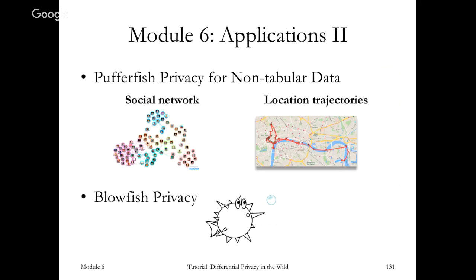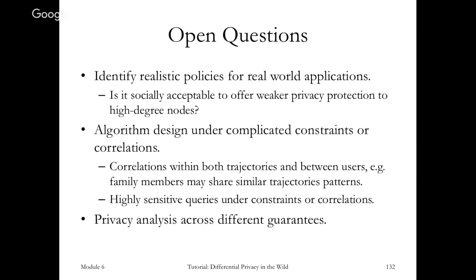So in summary, we have looked at different ways to specify neighboring databases under Pufferfish privacy, and there are many interesting open questions. Firstly, how do we identify realistic policies for real-world applications, and whether weakening some privacy notions is acceptable to our users?